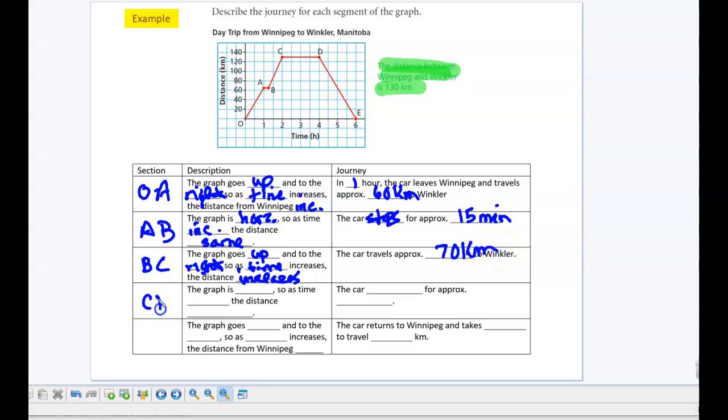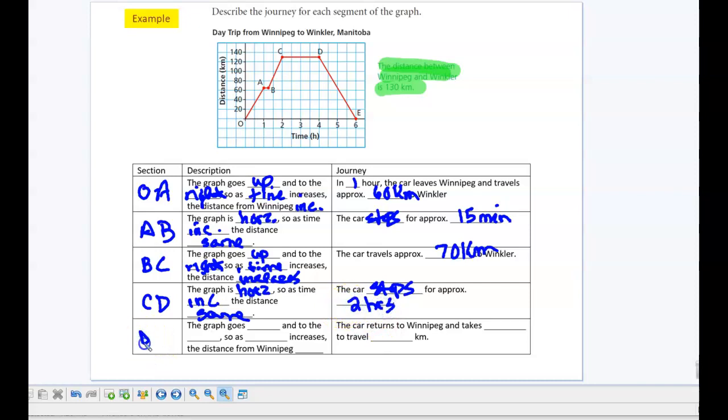In section CD, the graph is horizontal. So as time increases, the distance stays the same. And it looks like the car stops for approximately 2 hours.